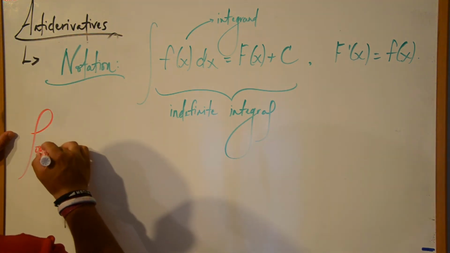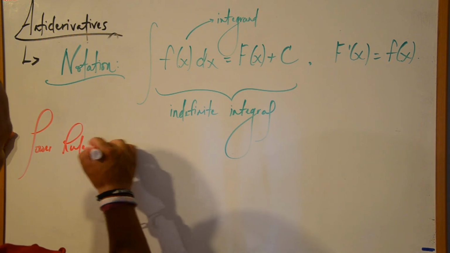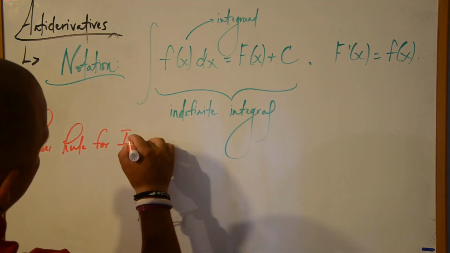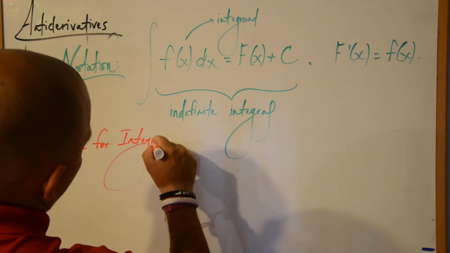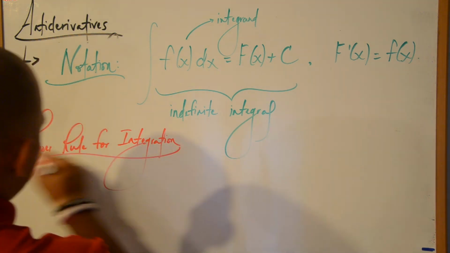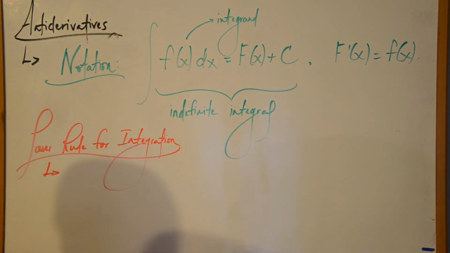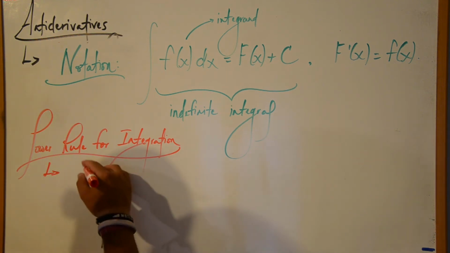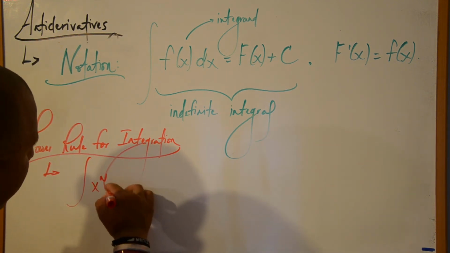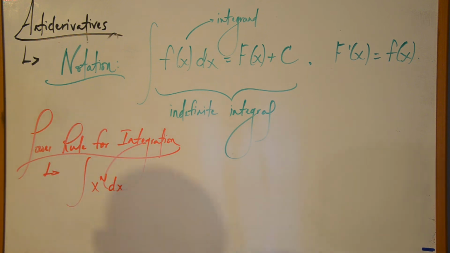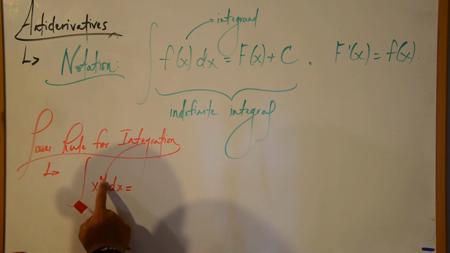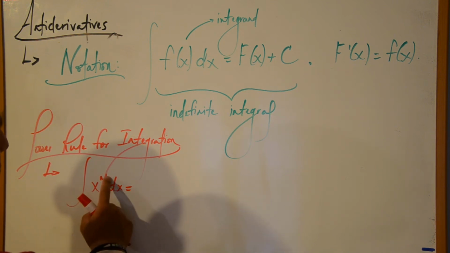Power rule for integration. Very similar to our power rule for derivatives, but just backwards. So let's say we have some general polynomial, x to the n dx. Now with derivatives, we would take the exponent, multiply, and then subtract 1.